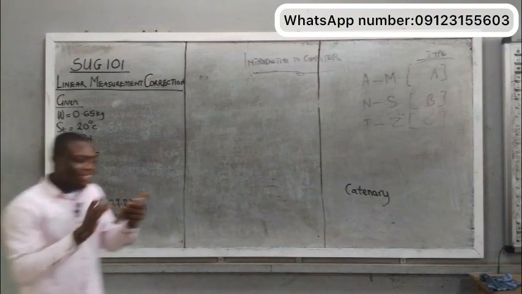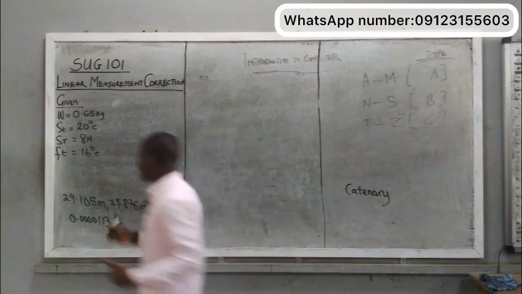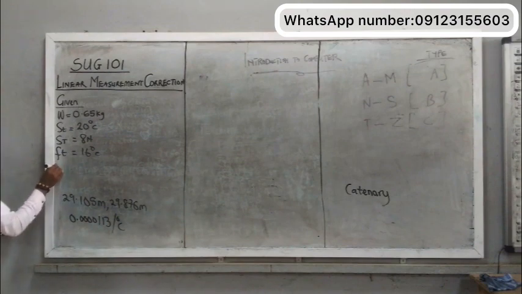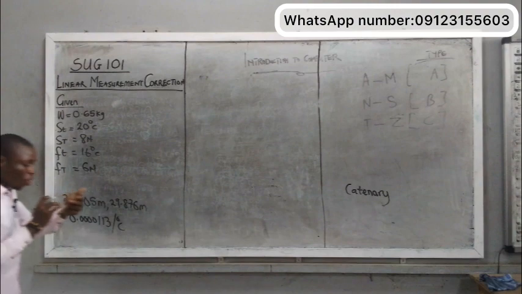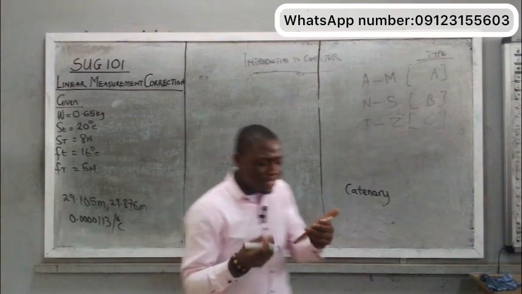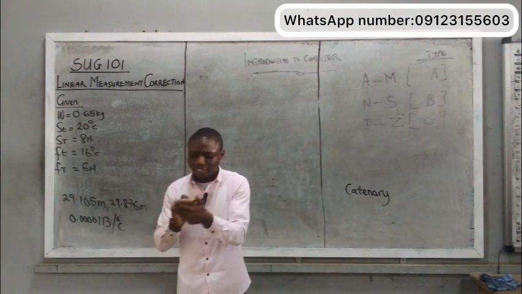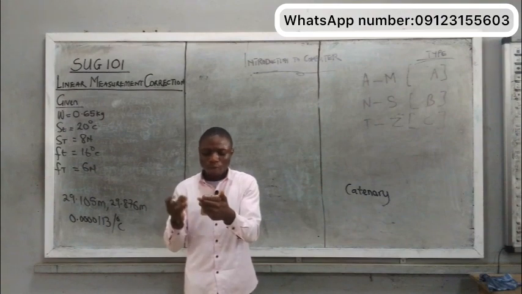Also, my tensile is 6 Newton. That becomes capital FT, 6 Newton.